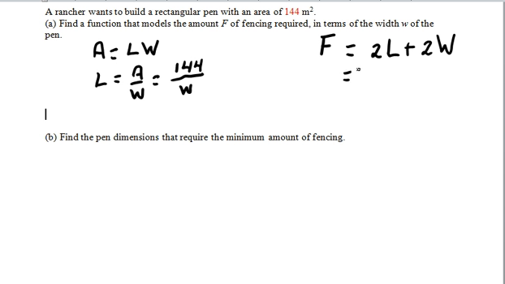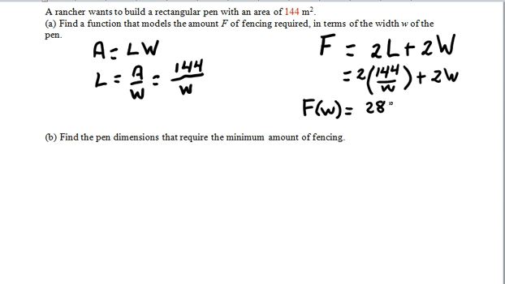So we can substitute the 144 divided by W in for L and have a function F in terms of W, which is 288 divided by W plus 2W.